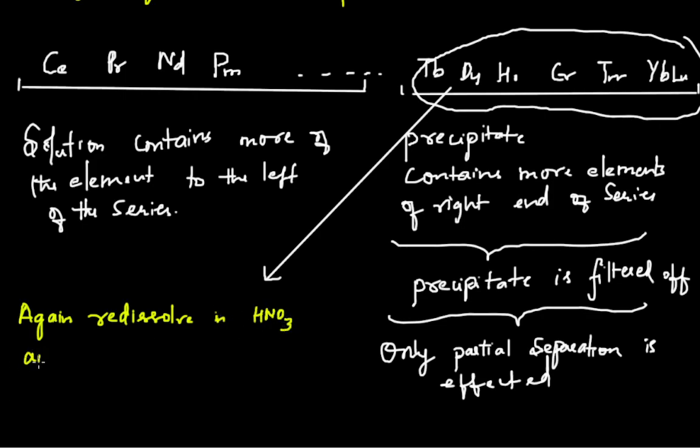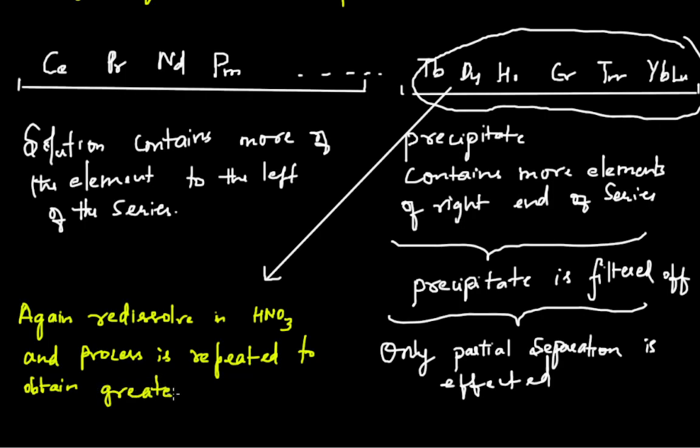Okay, and the process is repeated to obtain greater purity. Okay, so that is how the first separation technique, that is separation by precipitation, is achieved. So thank you guys, see you all, bye bye.